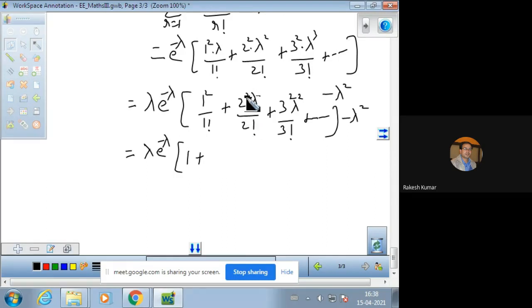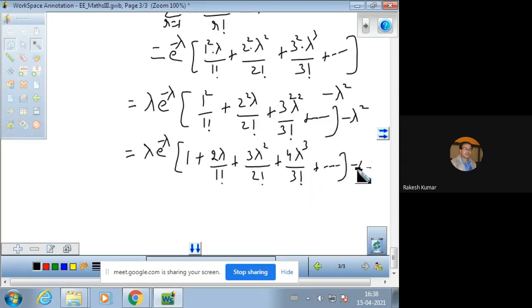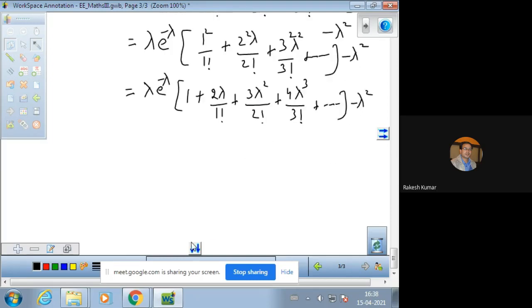One 2 here and one 2 there will cancel, so it becomes 2 lambda upon 1 factorial. Similarly 3 square, one 3 will be cancelled, so 3 lambda square, and one 3 cuts with the factorial, leaving 2 factorial. Similarly the next term will be 4 lambda cube over 3 factorial, and so on. In each term, one value from the top and bottom cancels.